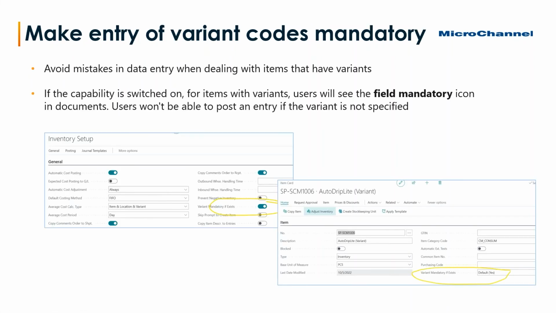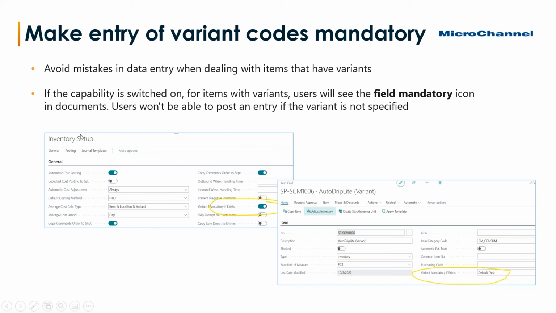Next one from here is making the entry of variant codes mandatory. Now, some of you will be using variants, especially if you're selling different sizes or different colors. And in the current version, there's nothing forcing you to actually put in a variant code. So accidentally sales orders can go out without variants, purchase orders can go out without variants.